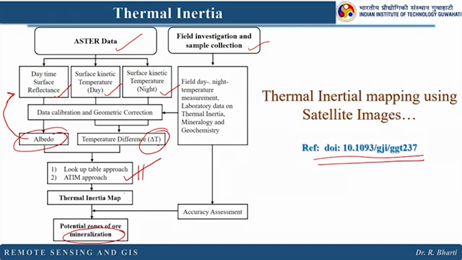Once we have this satellite-based thermal inertia mapping, at the same time we also conducted field day and night temperature measurements and laboratory data on thermal inertia. We calculated the thermal inertia of selected materials which we collected in the field, and we also estimated the mineral composition using conventional techniques like XRD, XRF and ICP.